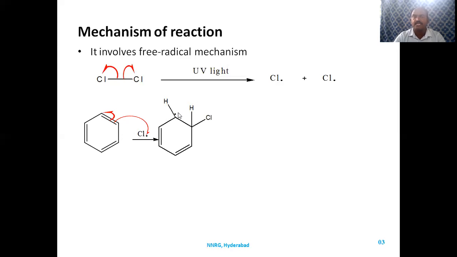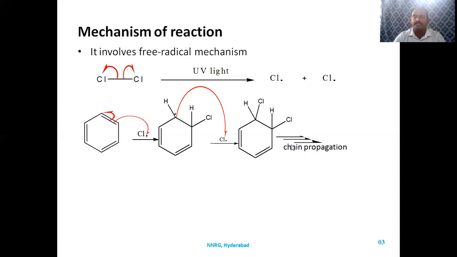This free radical, which is very reactive, will try to react with another chlorine free radical. The benzene free radical takes this chlorine free radical to form a dichlorobenzene. So this reaction is not restricted to a single step, because you have two more double bonds.